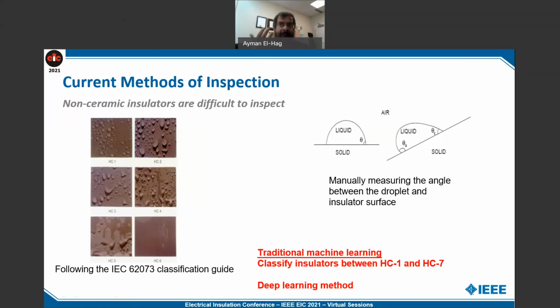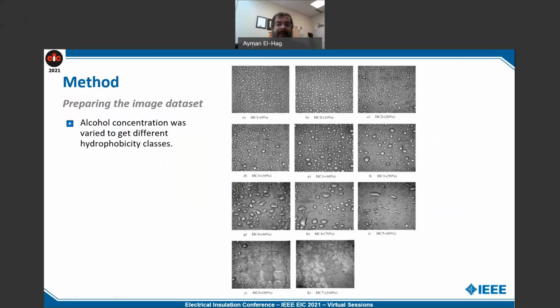However, it has a problem. It is a very tedious process, as you need to extract too many features so that you can do the machine learning process. Instead, deep learning now is a better alternative where you can feed the images directly to the classifier and the classifier will extract the features.